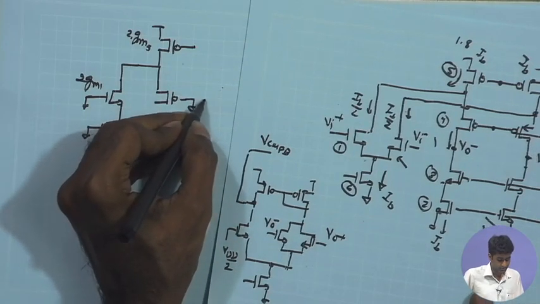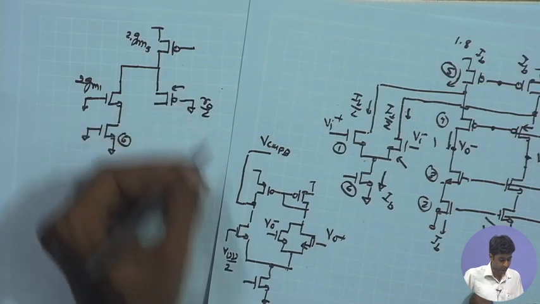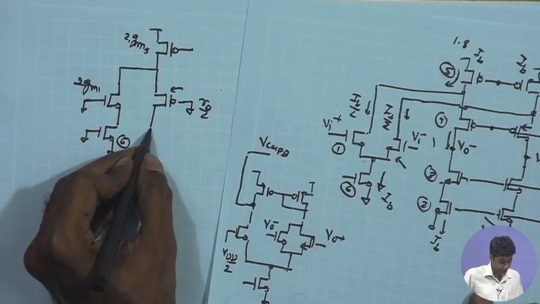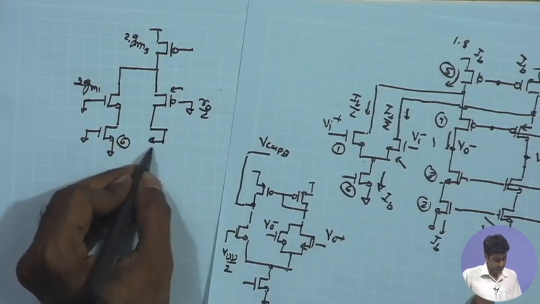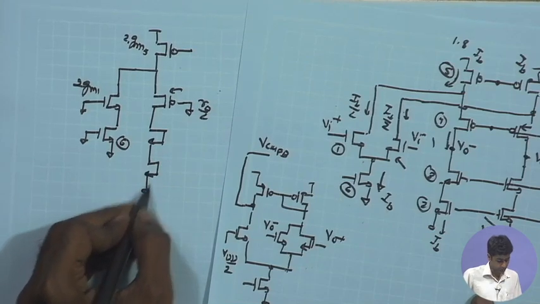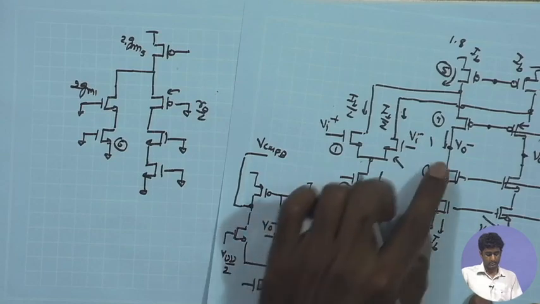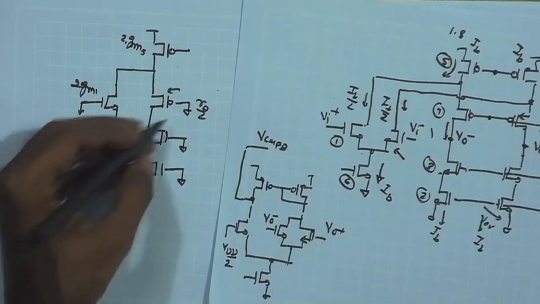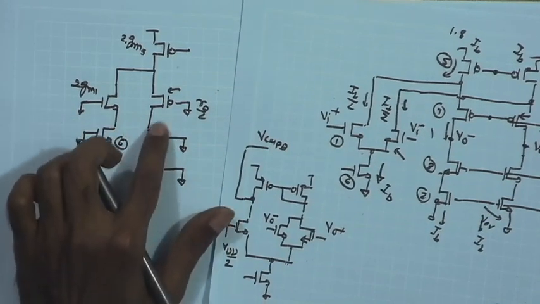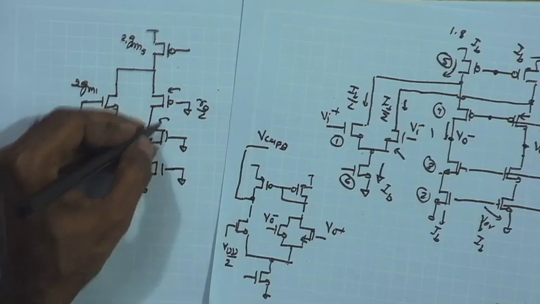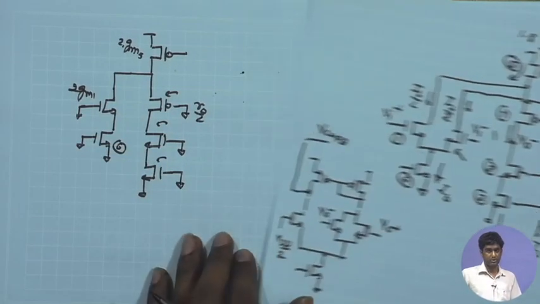So we should be careful about the RO of M4. Then you have M3 and M2 also getting clubbed together with gate set to AC ground, because they are all DC potentials, and each of them is also going to have half the RO, that is RO by 2.